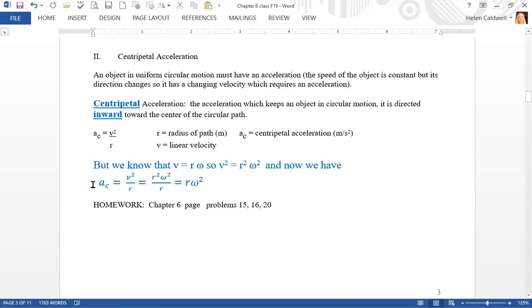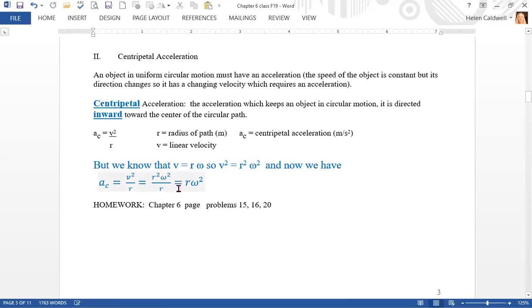We can also write it in terms of angular velocity, where A sub c, our centripetal acceleration, we said it was v squared over r, but v squared would be r squared omega squared.